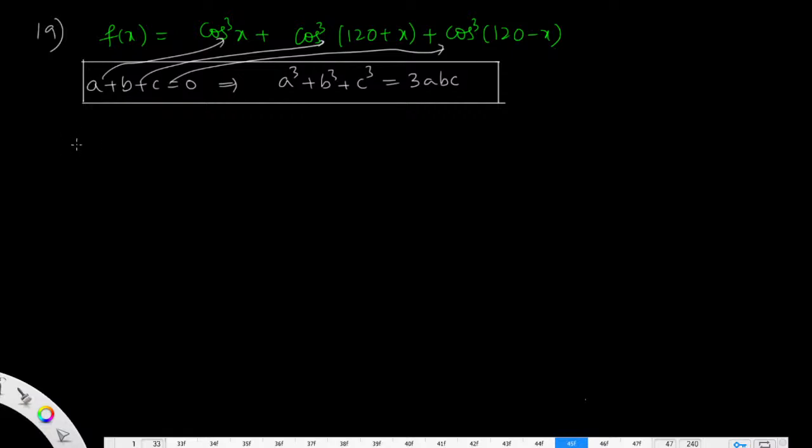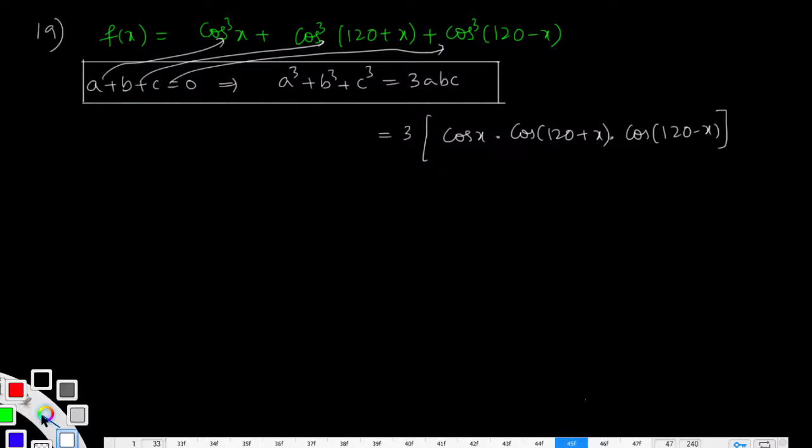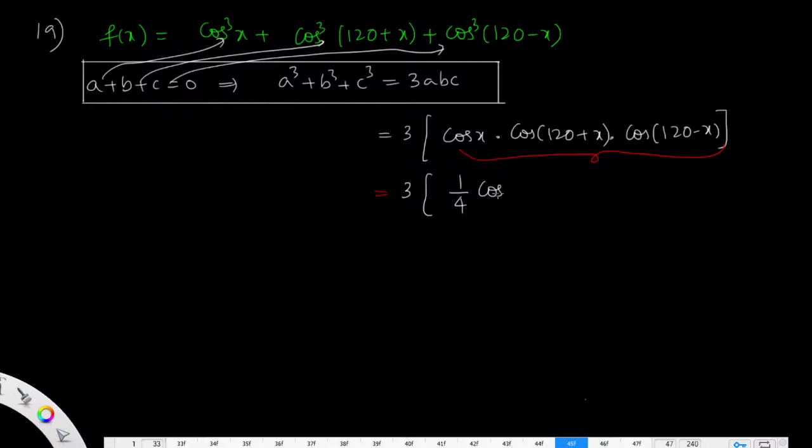Now substitute: that is 3 times cos x into cos of 120 plus x into cos of 120 minus x. Using the formula, cos x cos of 120 plus x cos of 120 minus x is 1 by 4 cos 3x. So it becomes 3 by 4 into cos 3x.